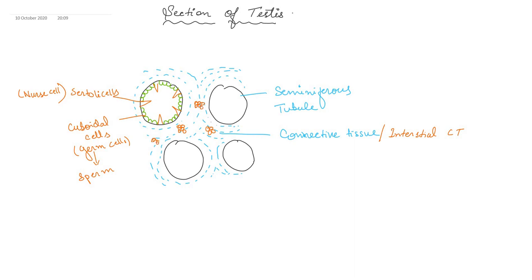This mass of cells is known as Leydig cells or interstitial cells.